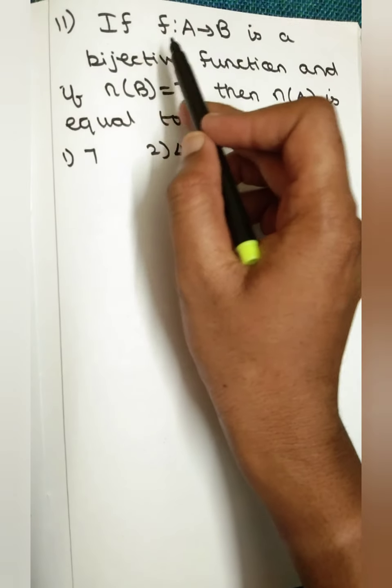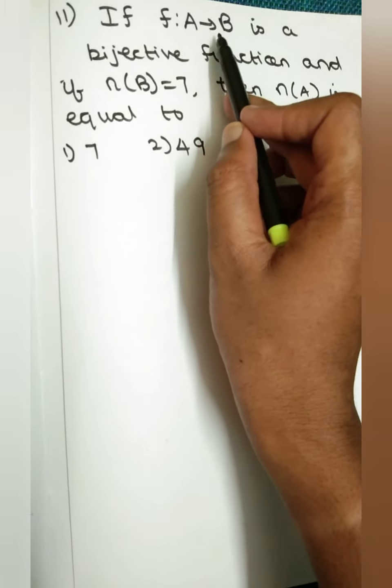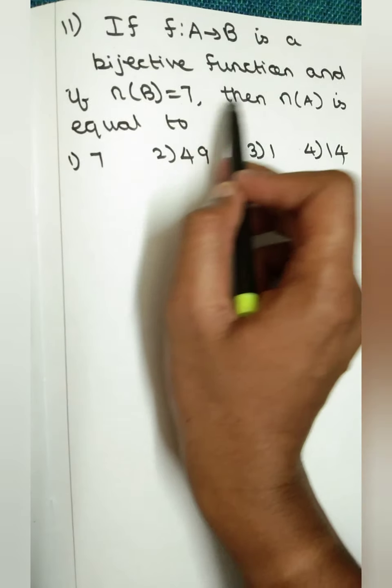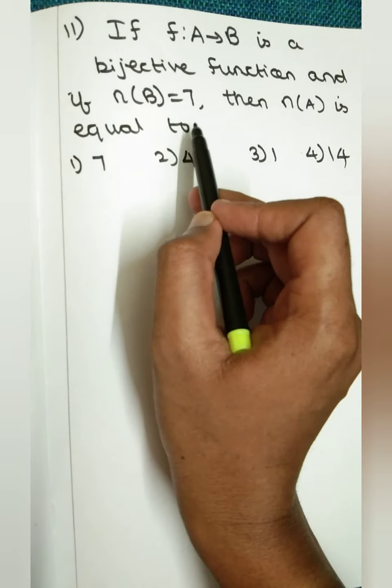11th question. If f maps from A to B is a bijective function and if n of B equals 7, then n of A is equal to?